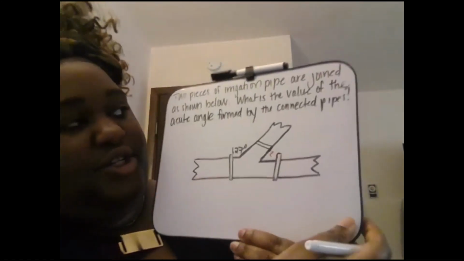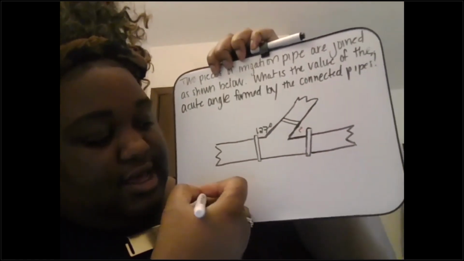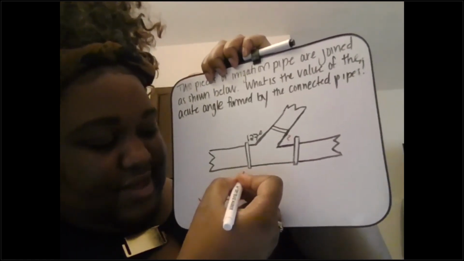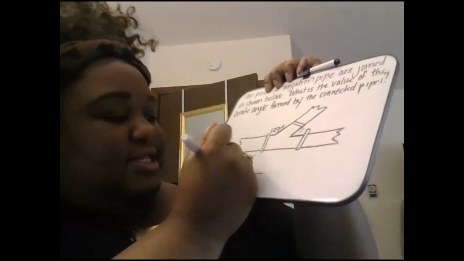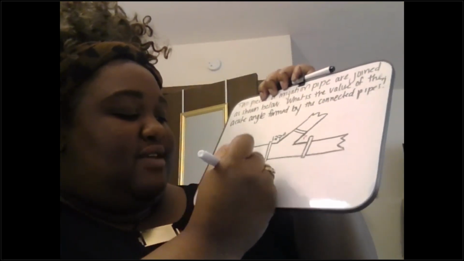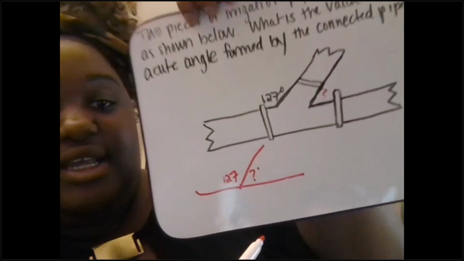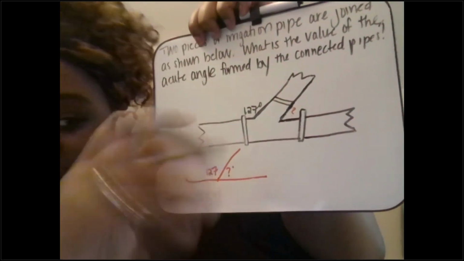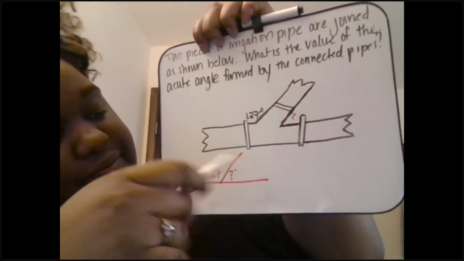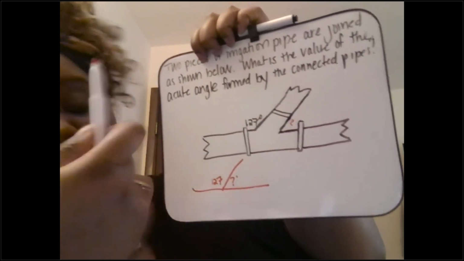So I'm going to redraw this in a way that's like the problems we've been doing. I have a straight line and I have a line going there. This one they're telling me is 127. And they want to know what that acute angle is, that angle inside. So knowing that, using our steps, I'll let you work through it. But we see, okay, what is the larger angle?